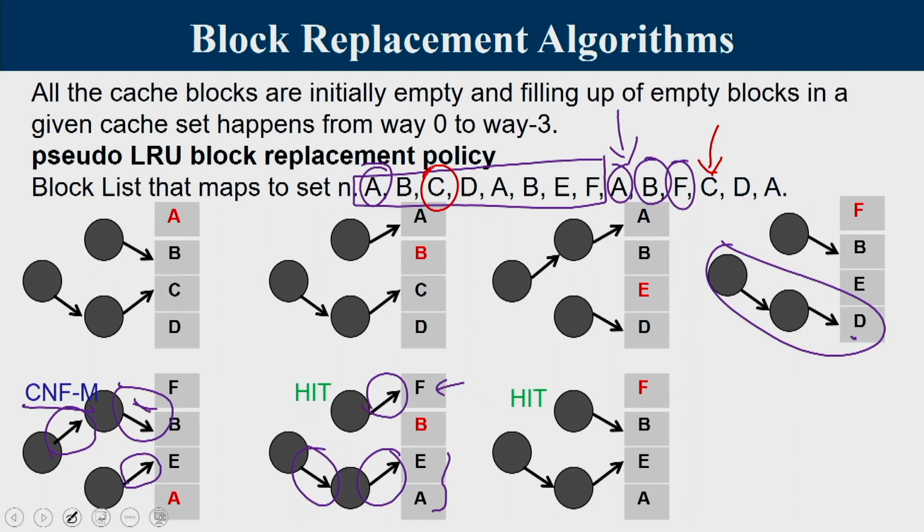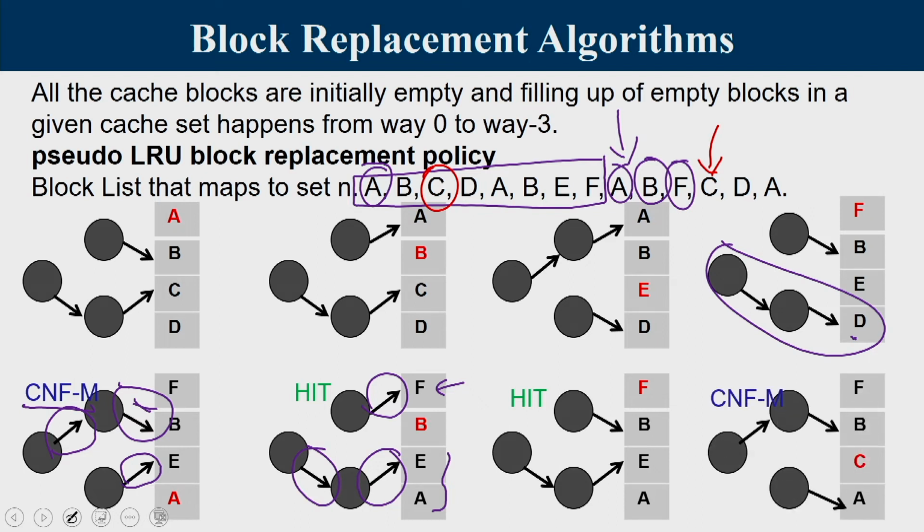So in this case, E will get replaced with C. This is also a conflict miss, and the arrows are changed accordingly because I am going to access the lower half. This will not get changed. The root, which was initially pointing down, is now pointing upwards. There is a change in the root. And since I accessed C, this will point downwards. So always remember that the arrow is pointing to the least recently used portion.